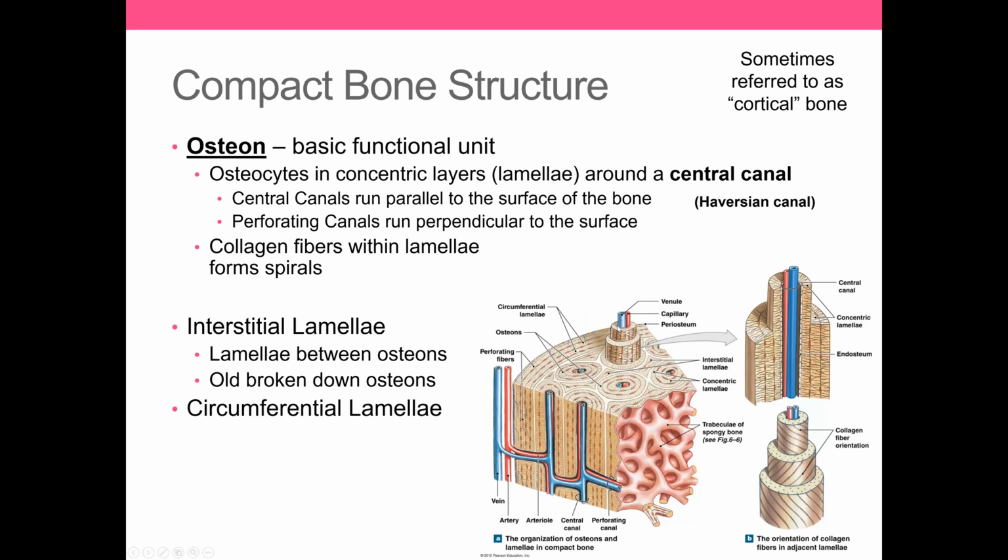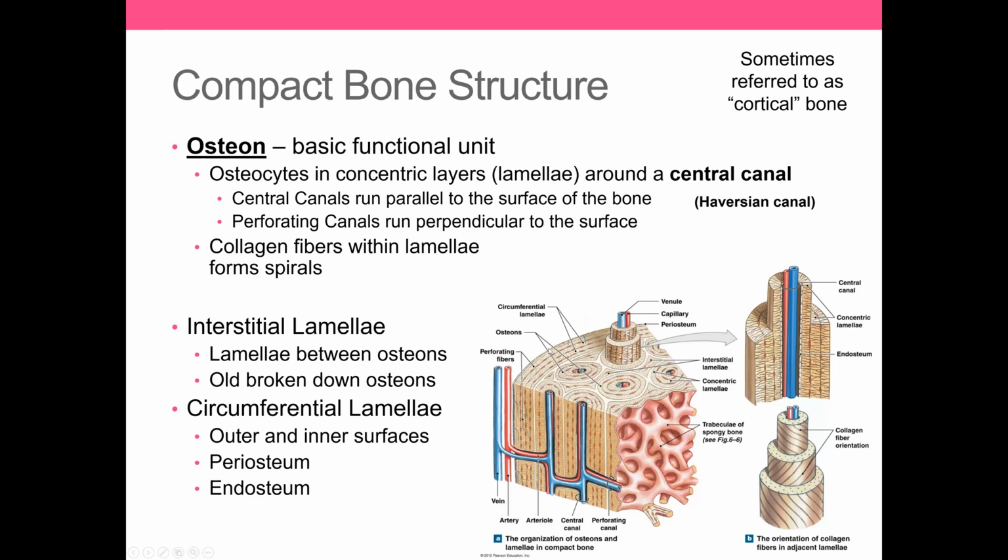Around the outside of the bone and lining the inside of the bone, you have circumferential lamellae. These are going to be an entire circle of osteocytes and matrix that surround the entirety of the outside of the bone and then surround the inside of the bone. So you find this only on the outer and inner surfaces, and this is where you're going to have your two bone membranes.